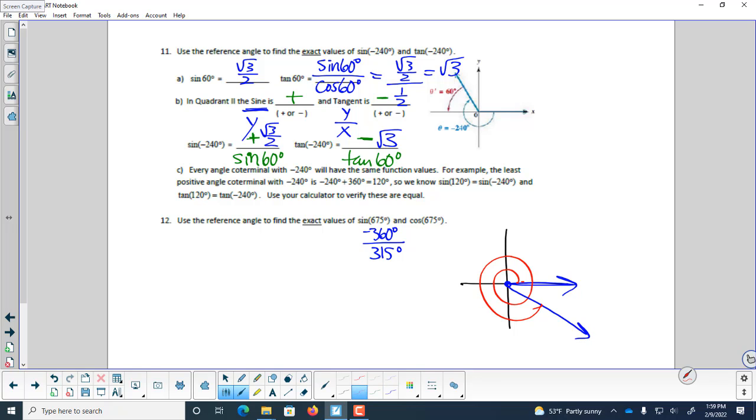Okay, so now I need to know, what is this distance here? What is the reference angle? 360 minus 315. 360 would be a full rotation minus 315. This angle is 315.